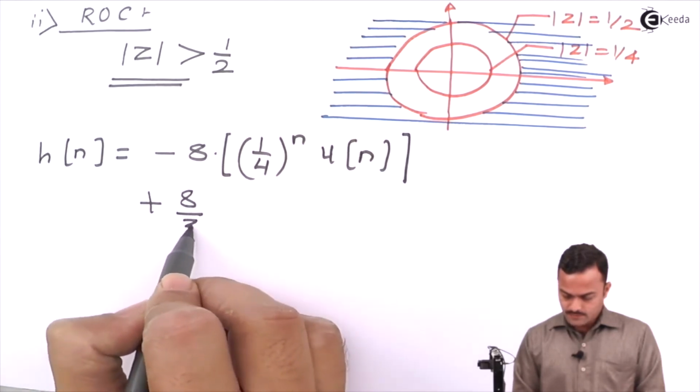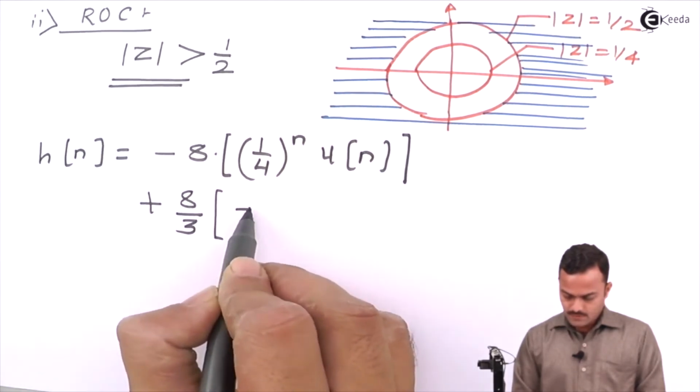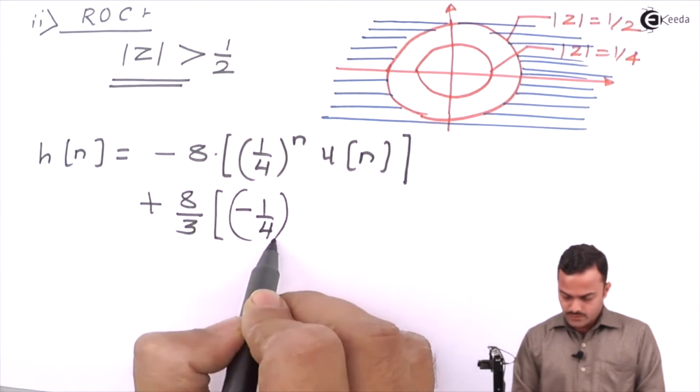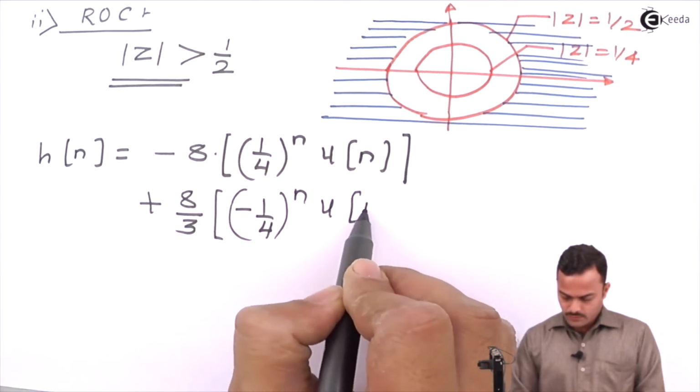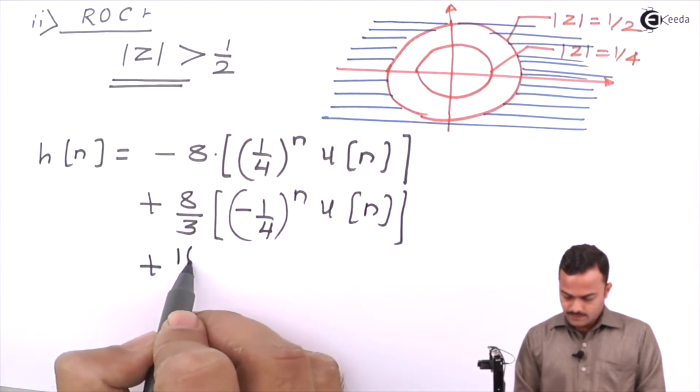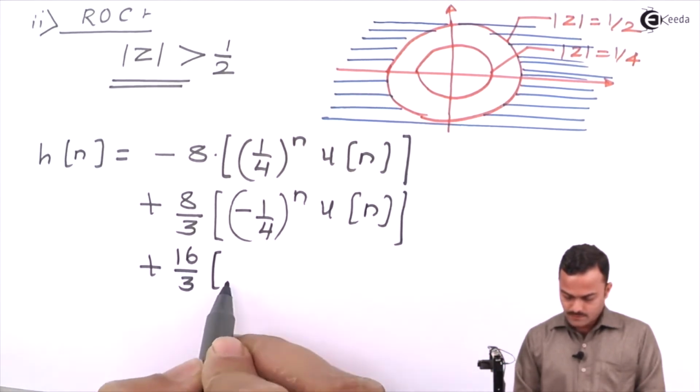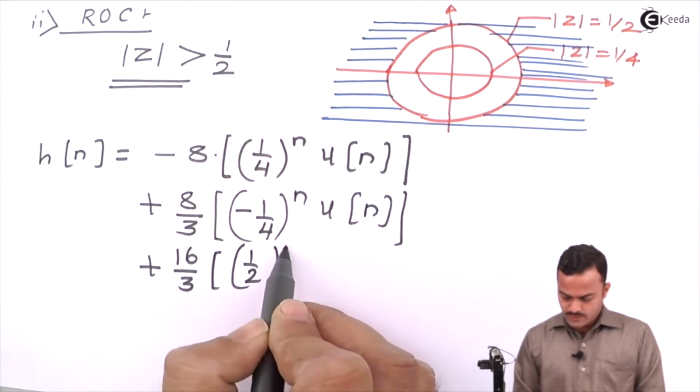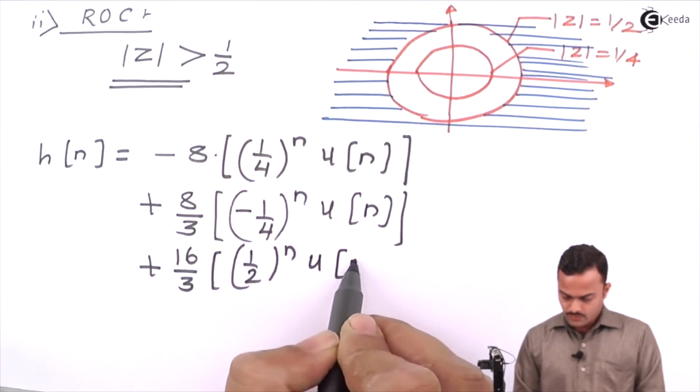Second, plus 8 by 3 into minus 1 by 4 raised to n u of n, and finally plus 16 by 3 into 1 by 2 raised to n u of n.